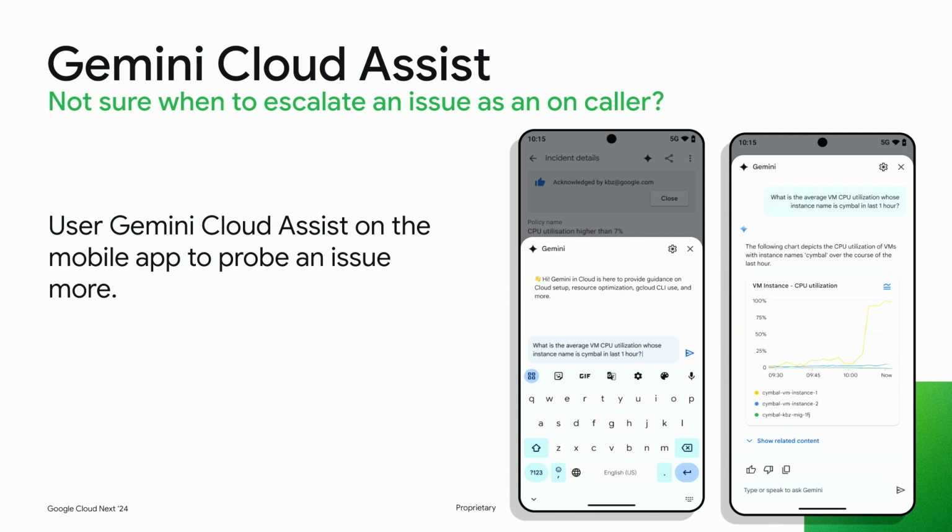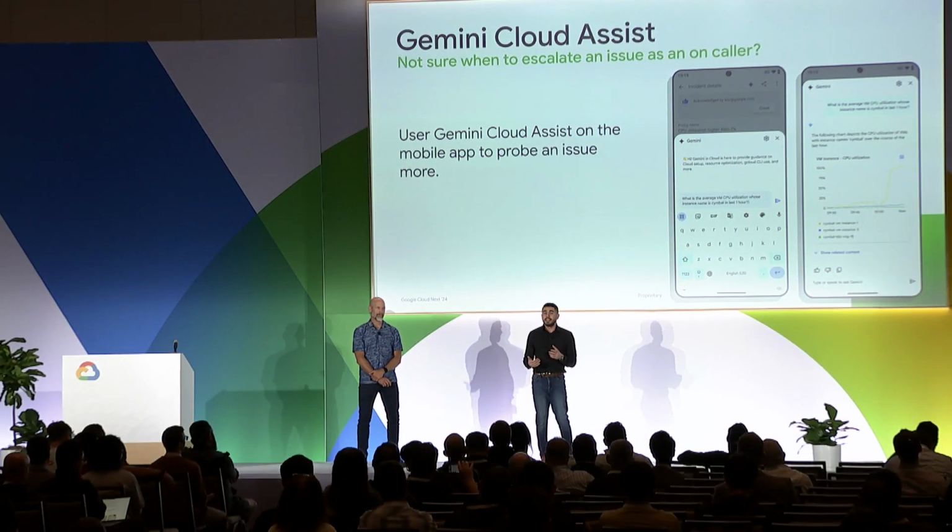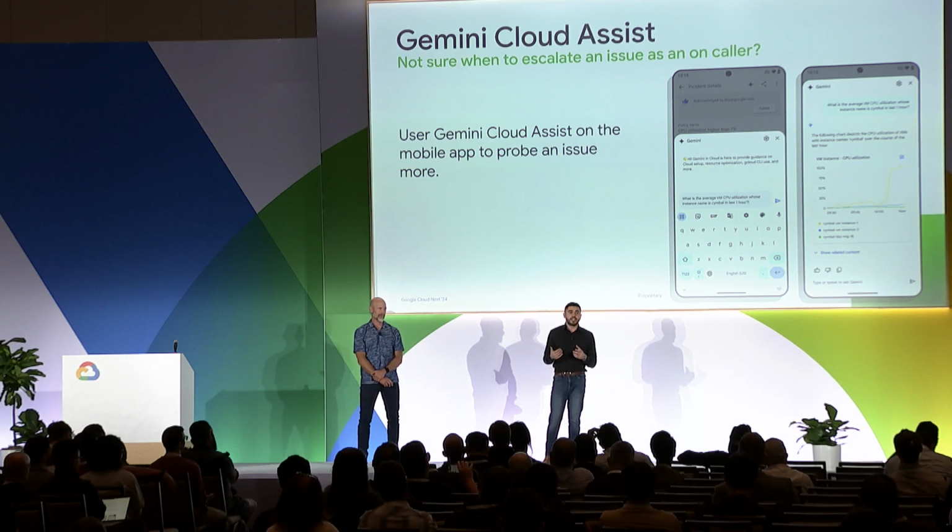I'm sure we've all been there where you're on call, a notification comes in, maybe you're at a doctor's appointment, and you need to respond to this alert but you don't know the sense of priority. You're going to be able to probe that information a bit more by working with Gemini to access your information and troubleshoot, so that you know whether you need to dive in deeper, tag in another team member, or take another action.